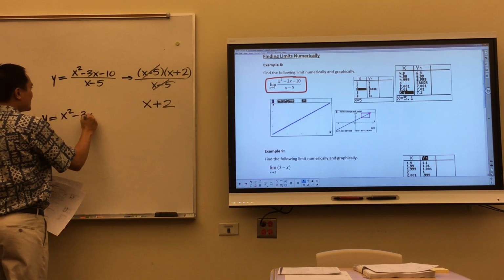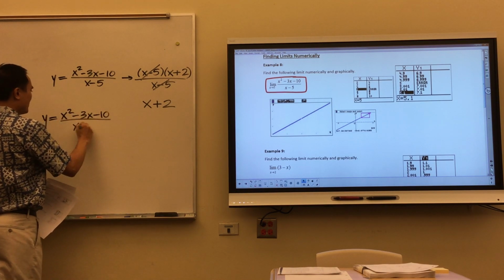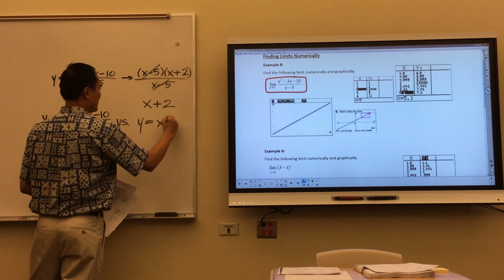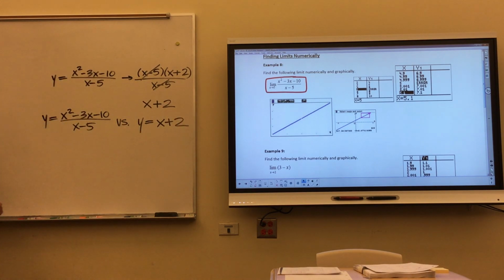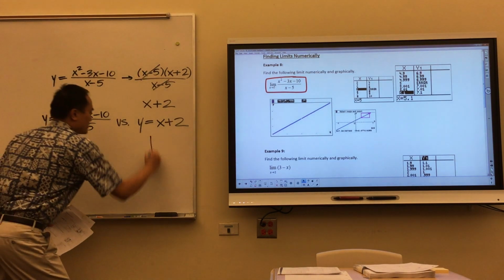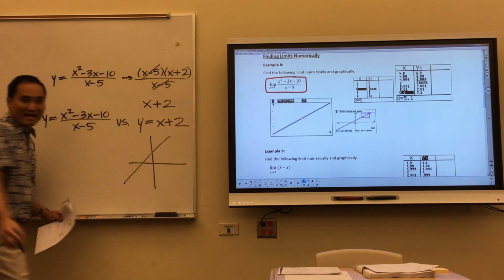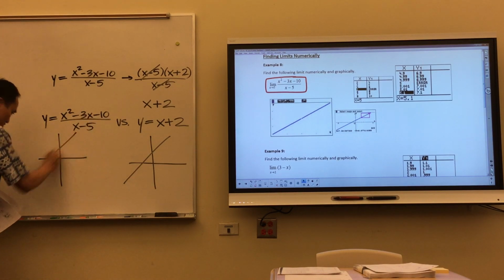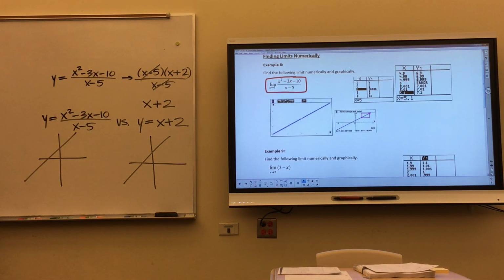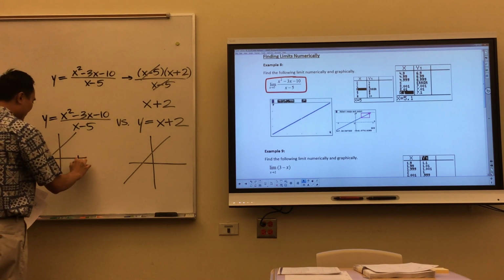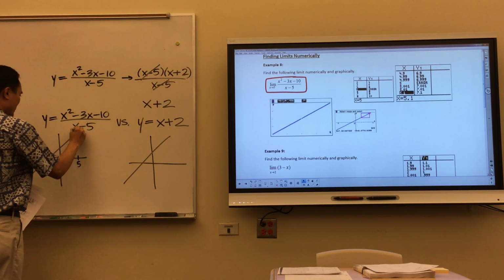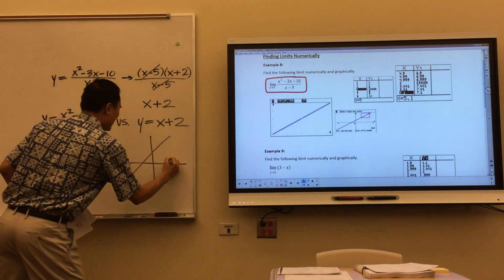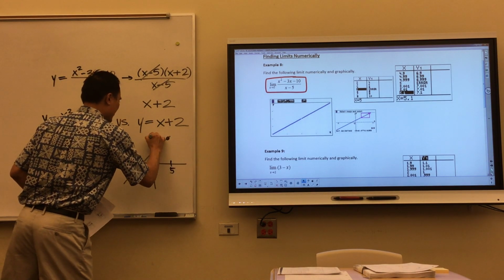What is the difference between these two graphs? One has a hole and the other one does not. This graph looks like that. This graph is also looking like that, except there's a hole at 5. Now, what is the significance of this?